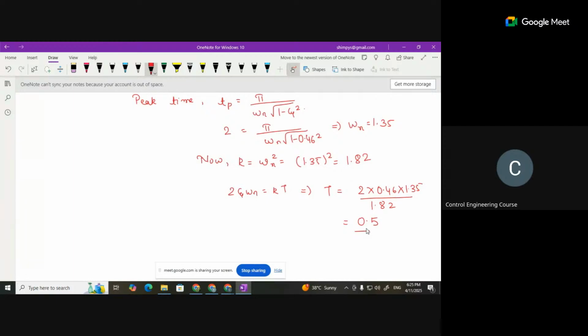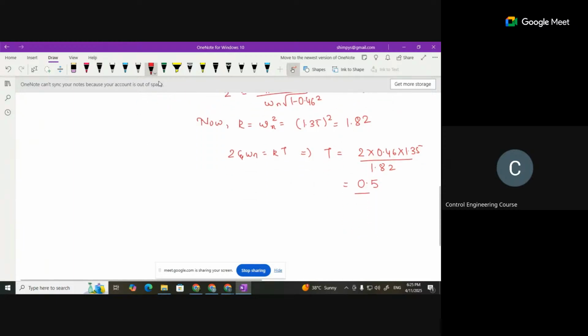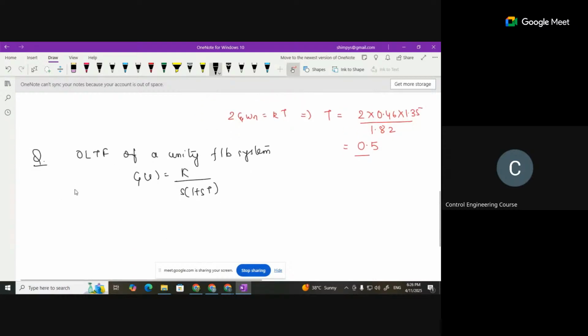So I'm giving a similar type of question here again with a slight change. Let us see that. The open loop transfer function of a unity feedback system is given by G(s) equals K by s(1 plus sT). Now, the problem is by what factor K should be multiplied so that the damping ratio is increased from 0.2 to 0.8.